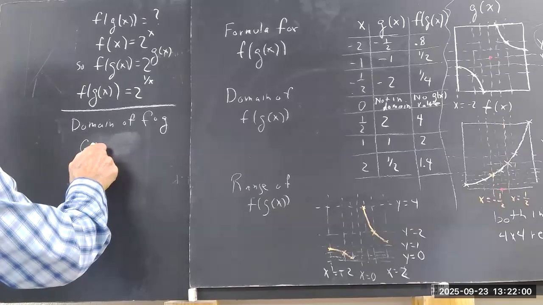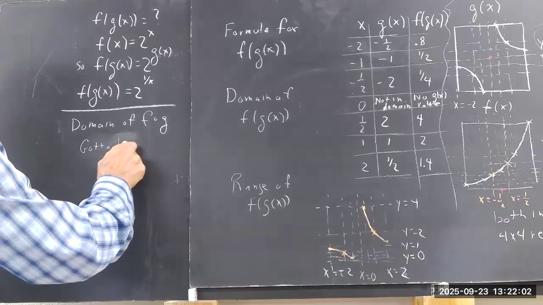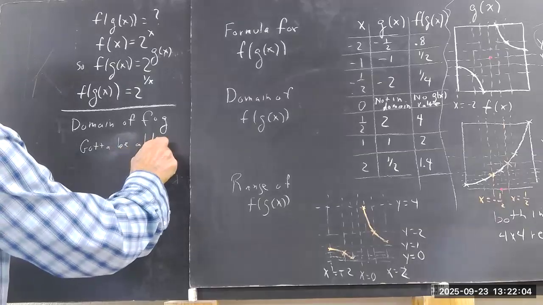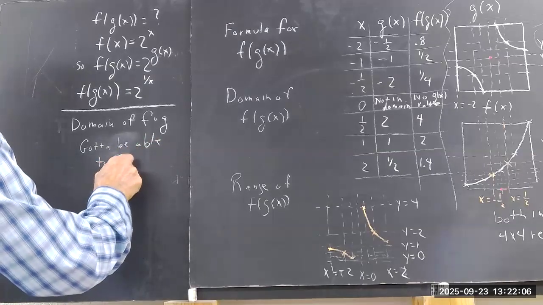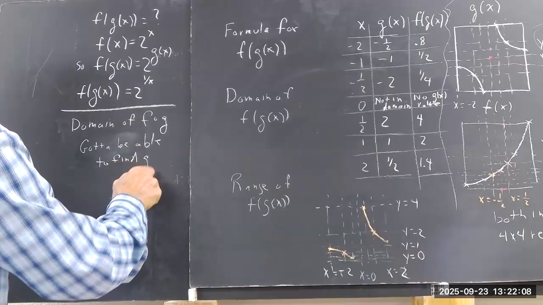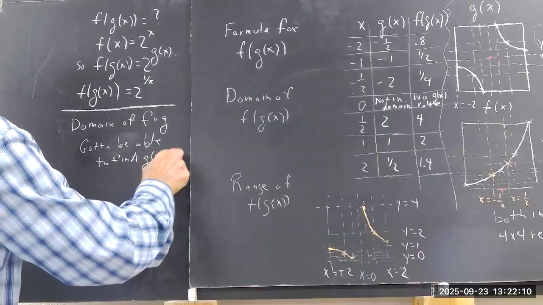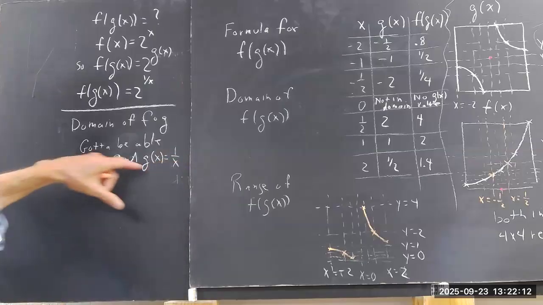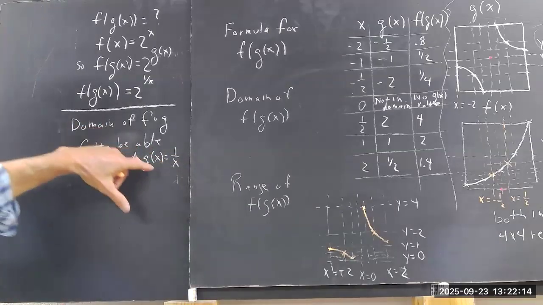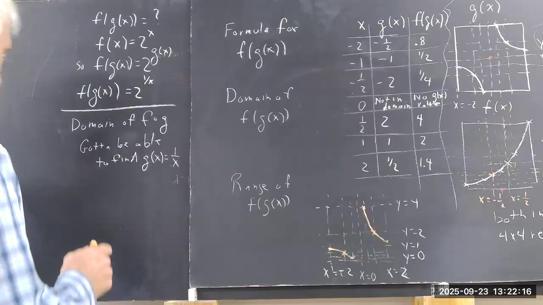I'm just going to say you've got to be able to find g of x. You've got to be able to put x into g of x. g of x is 1 over x.